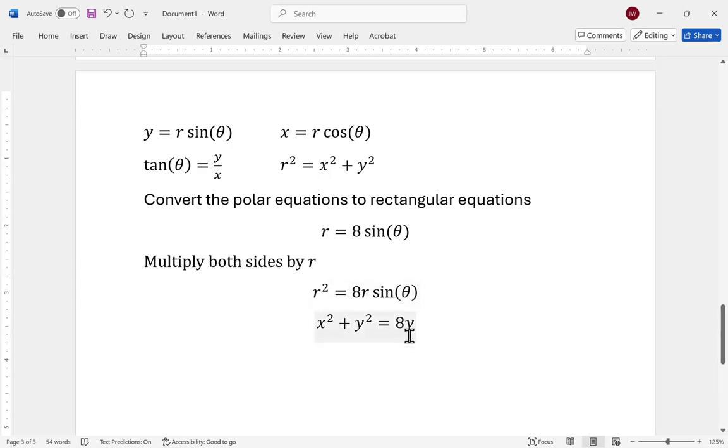It's going to be a circle of, I believe, yeah, radius 4 along the y-axis, or theta equals pi over 2 line, excuse me. The y-axis is the line theta equals pi over 2 in polar equations. But yeah, that's a circle.